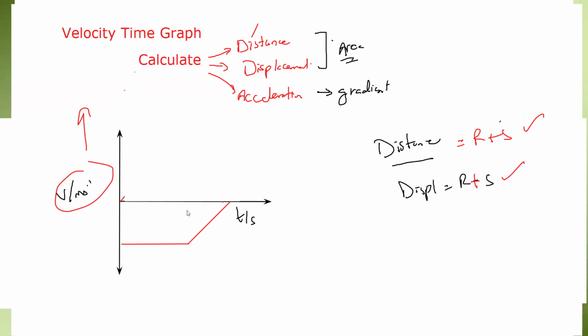If this is R and this is S, how do we work out the distance traveled? R plus S. And what about the displacement? R plus S, because we use only one axis.